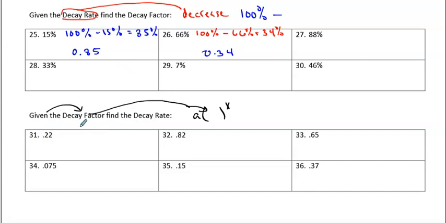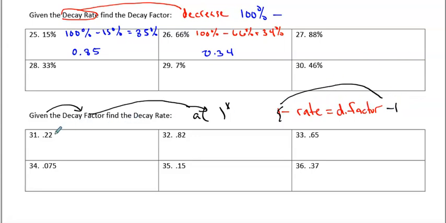I did 1 minus some decay rate, and I get my decay factor. Or you can reverse the order on this one. You take your decay factor, subtract 1, and this should give you the negative rate.